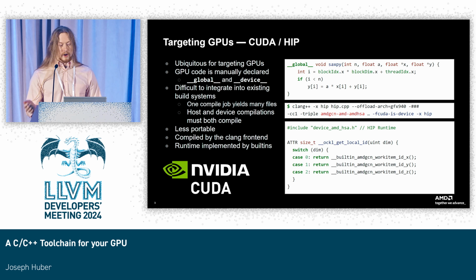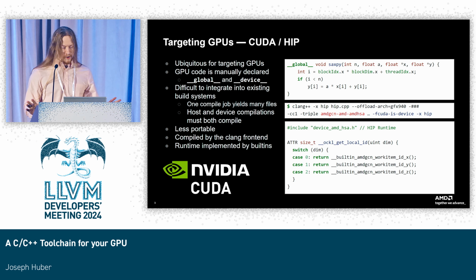You then compile that with some magic Clang options, and the compiler is passing that code to the Clang front end with some magic language options set. Then the runtime is lowering those block index calls to built-in functions that Clang supports. So you can see this is peeling back the layers of what's going on here.